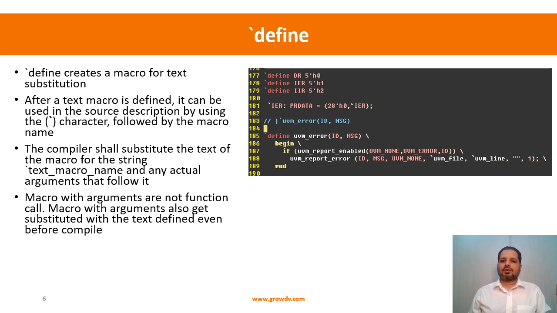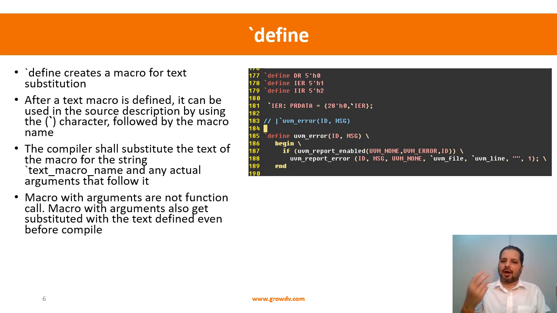Sometimes a question might come to your mind: why shouldn't I just use functions instead of these sorts of pre-processing macros? There are always certain limitations when you use a function, which you can overcome with the help of the macro. The way to think about it is that the macro allows you to generate the code, whereas when you write a function, the code that exists over there is fixed.